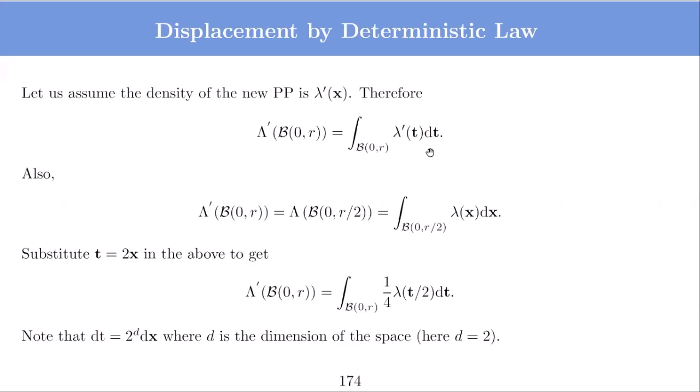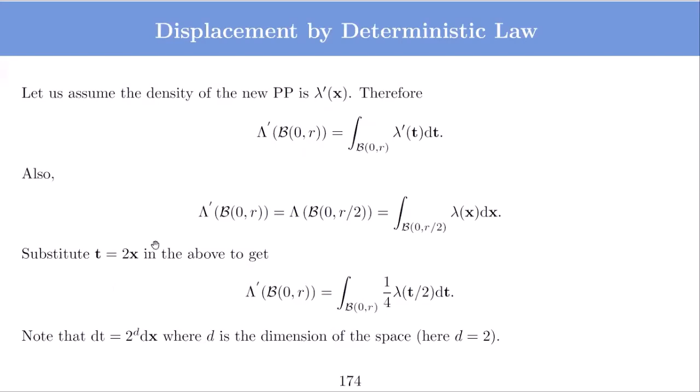To make the limits the same, I substitute t equal to 2x in this expression. I'm substituting here, not here. So if I substitute t equal to 2x here, x will be t by 2, dx would be dt by 4 because it's a two-dimensional integration.